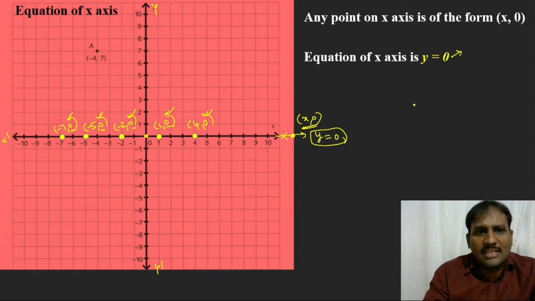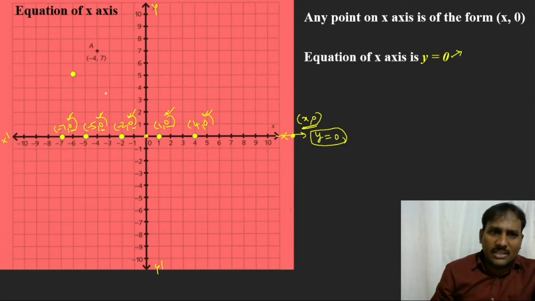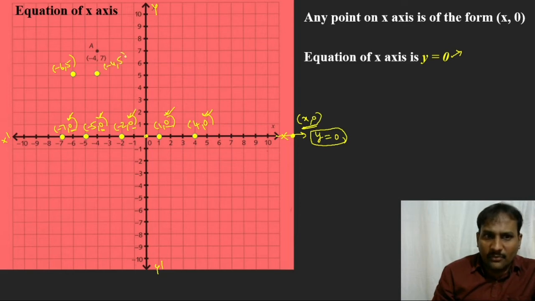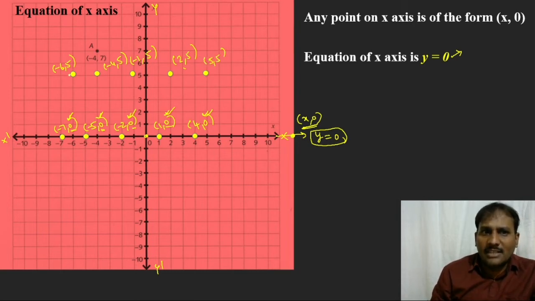Now you take some more points like this. So what is this point? It is minus 6, 5. And you take some more points, like minus 4, 5. And this is minus 1, 5. This is 2, 5. And this is 5, 5. And what is common in these?